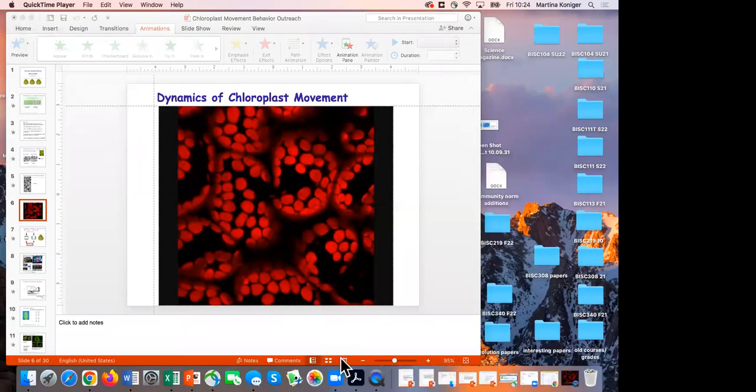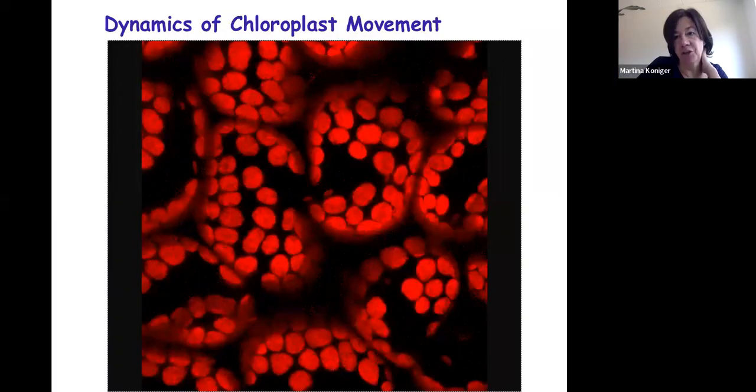Question: do the cells change shape as well? The cells do not change shape. Remember, plants have a cell wall, so that is fairly solid. If it looks like they're changing shape, it has to do with the type of microscopy that we're doing. You're actually only seeing the chloroplasts and not the cell wall.